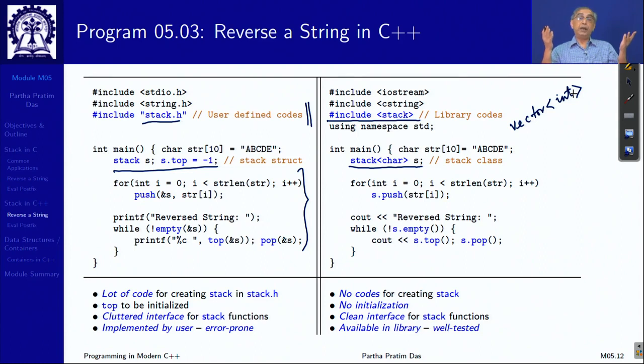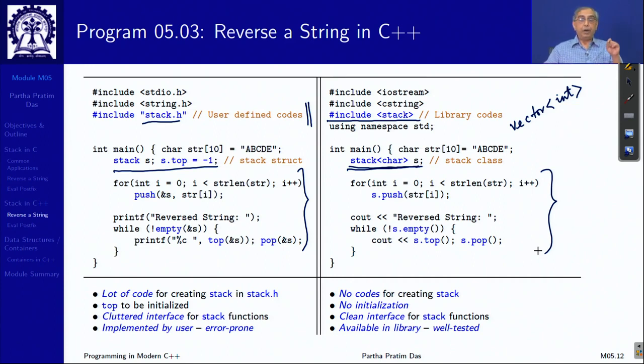And now you are saying that assume that the data type is char. So, the compiler will take that and create the set of codes that are required for a stack of char and compile them. So, you have your ready-made stack right through writing just this couple of characters. And once that has been done, the rest of the code works exactly in the same way.